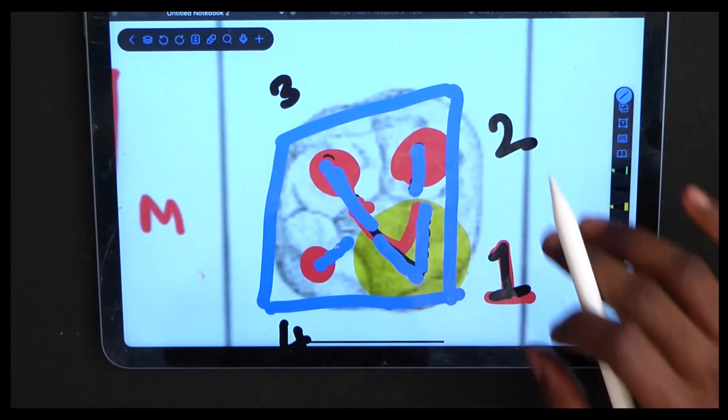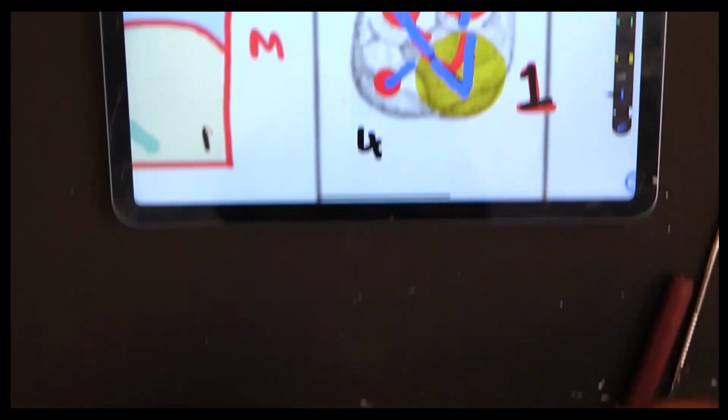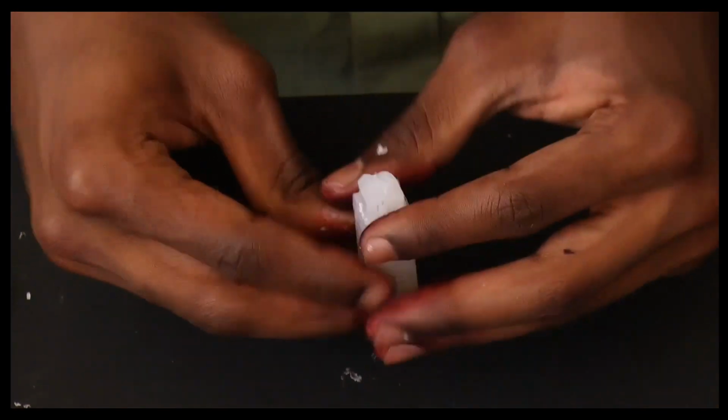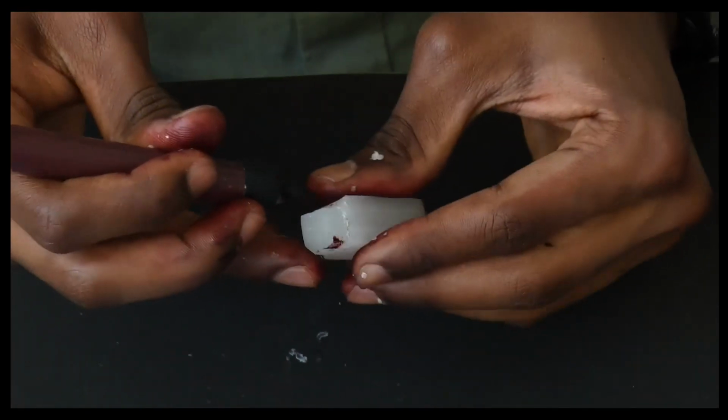For this shape to come, you'll have to remove parts of your distobuccal and your palatobuccal regions, both this region and this region.